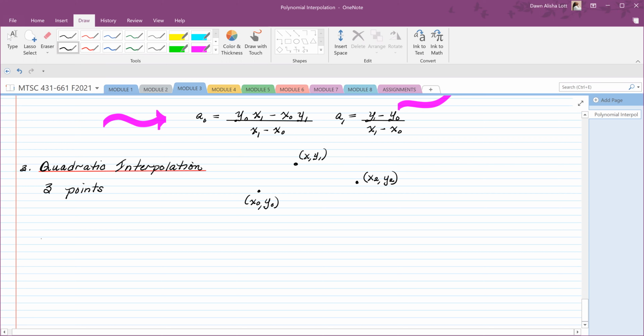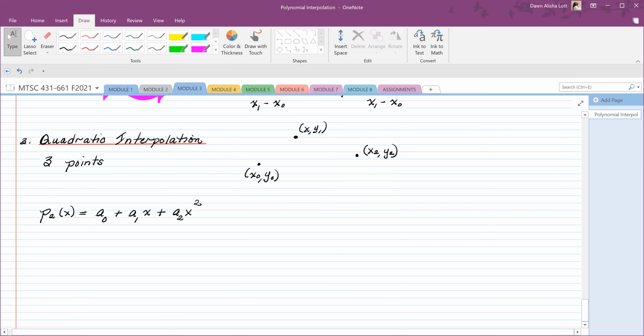So now the polynomial I'm looking for is P2 of X. And this is now A naught plus A1X plus A2X squared. So this is my parabola, or my quadratic function. So I'm going to do A naught plus A1X1 plus A2X1 squared is equal to Y1.